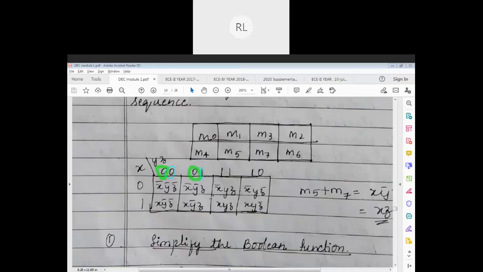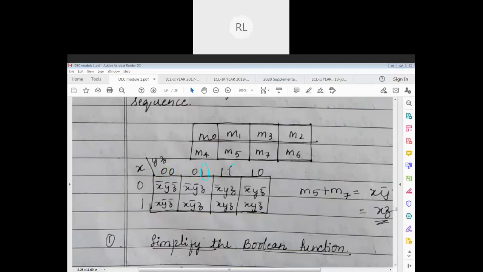So this 0 and this 1, there is only one bit change here, right? I am doing this just because I need only one bit change.